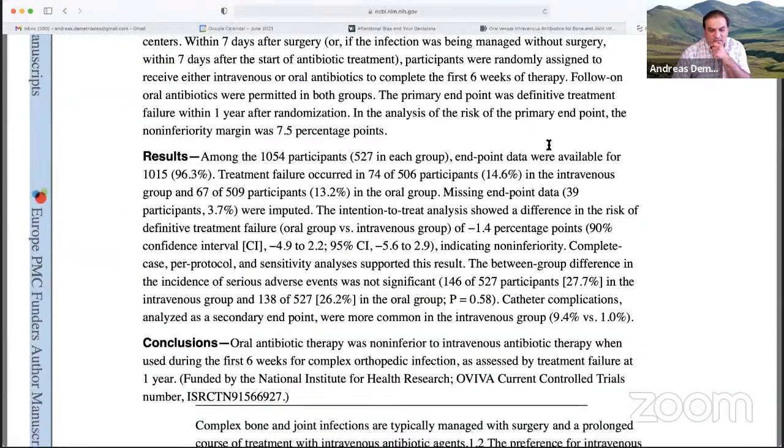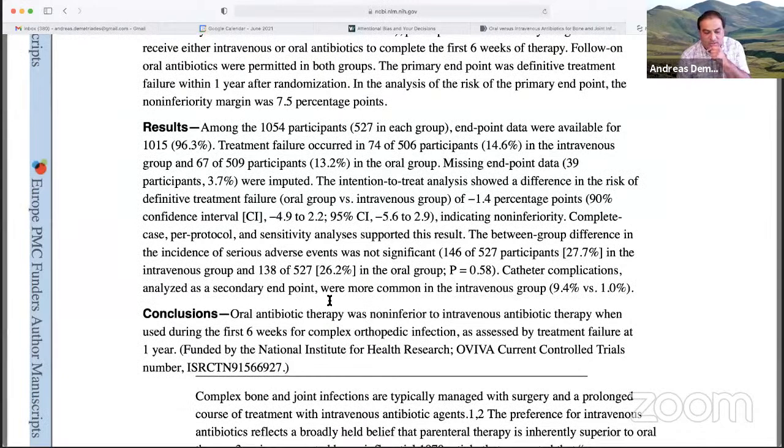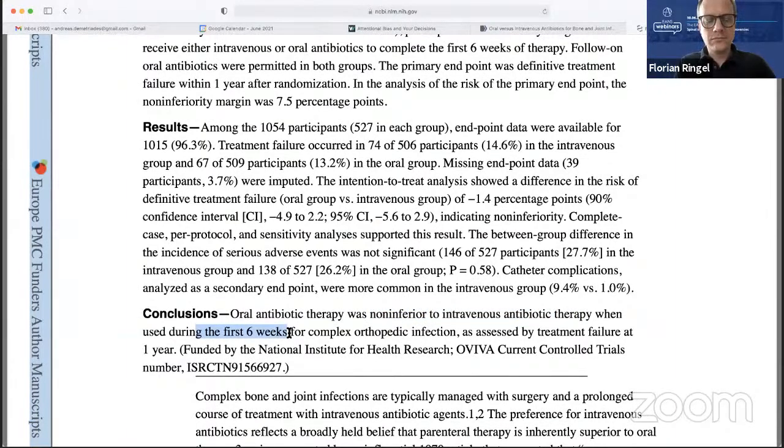And the results support the comments that we should be moving away from very long treatments. Oral antibiotic therapy was non-inferior to intravenous antibiotic therapy when used during the first 6 weeks for complex orthopedic infection.